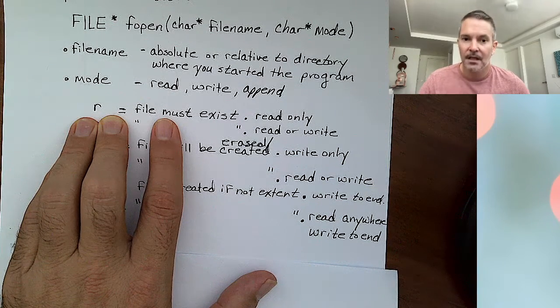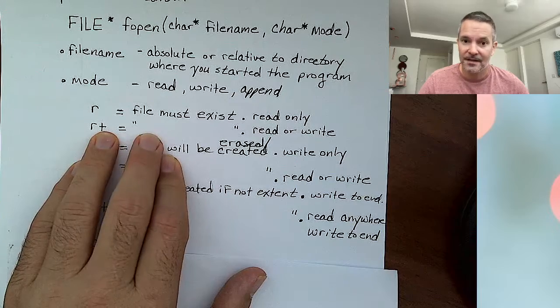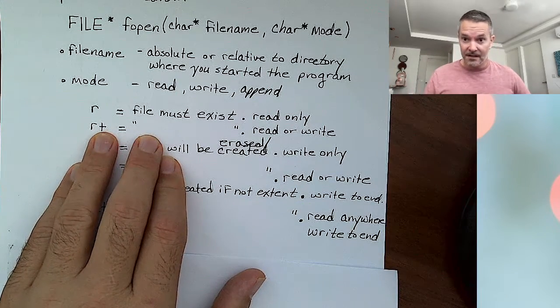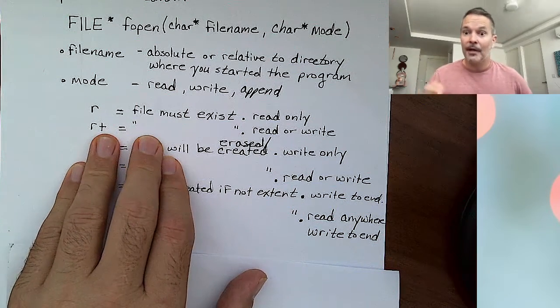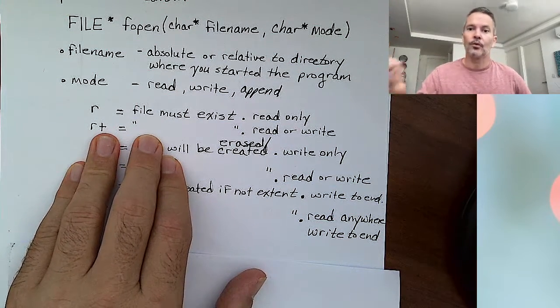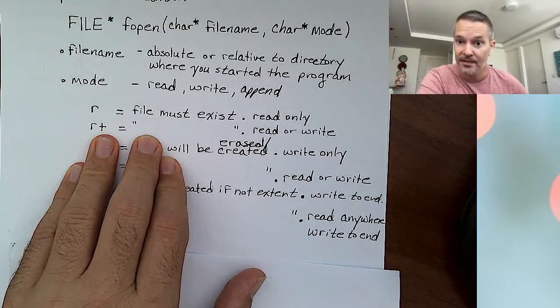Okay? What if I want to write into a file? Okay, I can say R+. This means the file must exist, so if it doesn't exist, fail. But I might want to read into the file or write into the file. It's my prerogative. That's what R+ means.